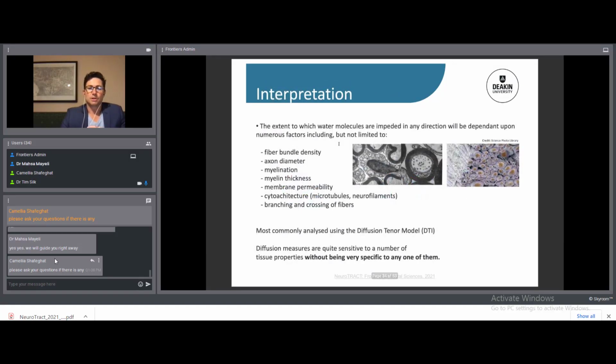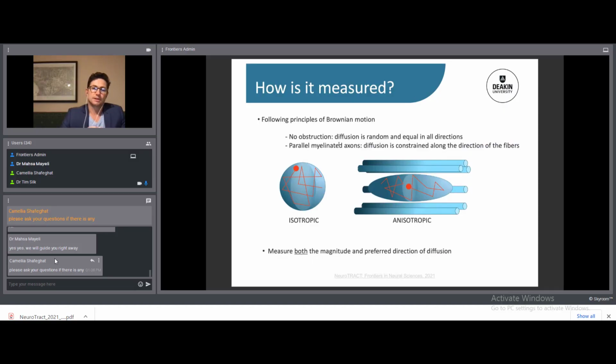However, if that molecule of water is restricted somehow, such as being in a straw or something like that, then it will have an uneven distribution of potential diffusion directions, and you end up with something much more like an Aussie rules football shape. All right, we'll go on to the next slide, please.